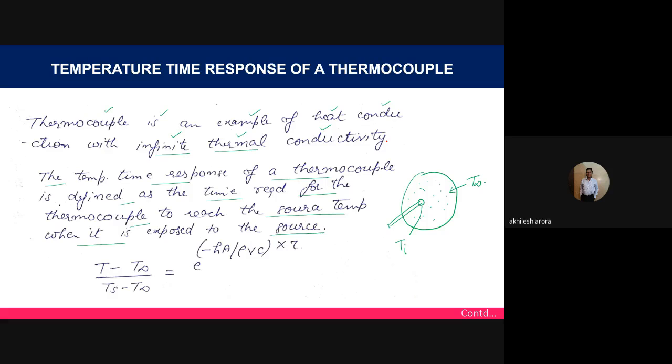That is defined as the time temperature response of the thermocouple. Once again, we will use the same equation which we derived for the lumped heat capacity analysis: T minus T infinity over Ts minus T infinity, or instead of Ts, you can also write Ti. The same equation applies. Now let us proceed further.